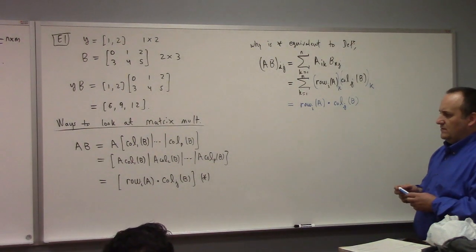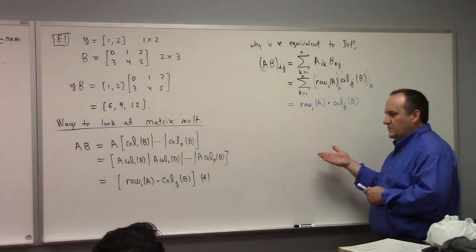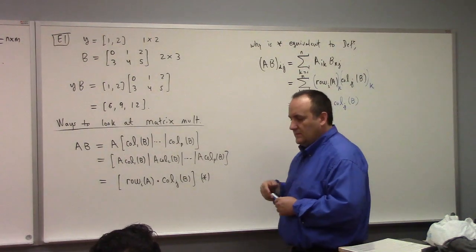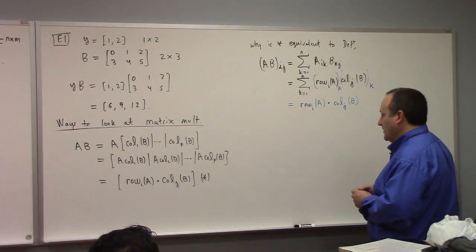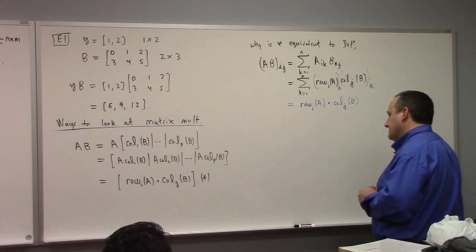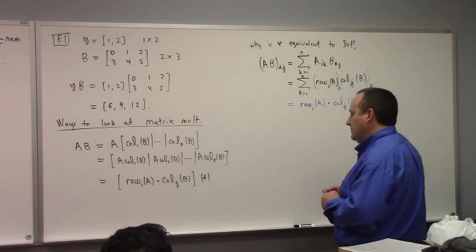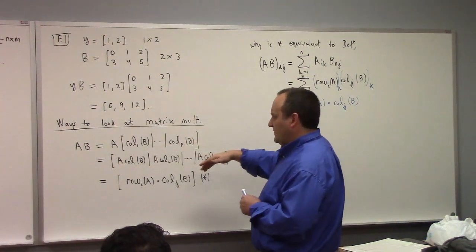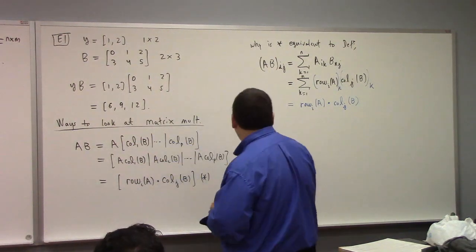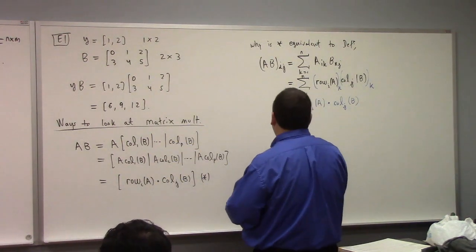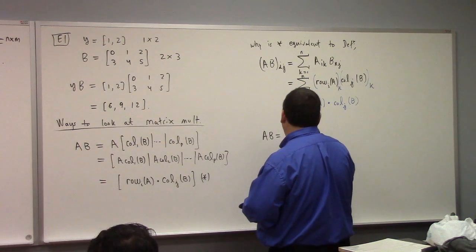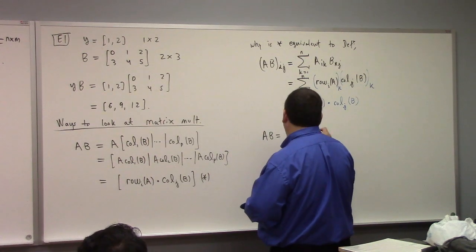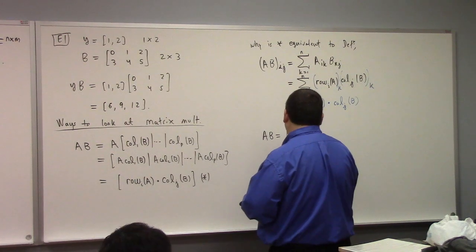There's also a column by column rule, and there's also a row by row rule. So there's something like that you can also write down, all right? But instead of looking at the chopping up of B into columns, I think you look at the chopping up of A into rows, if I remember right. So you can also look at AB as row 1 of A, row 2 of A, all the way on down to the... how many rows are there in A?